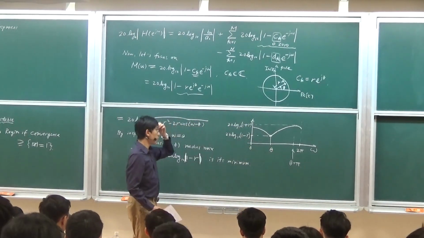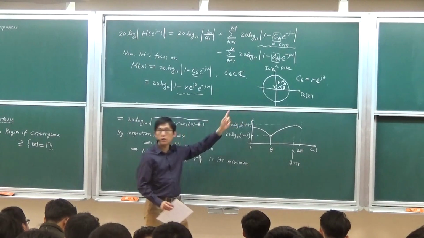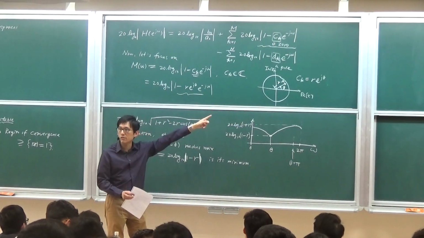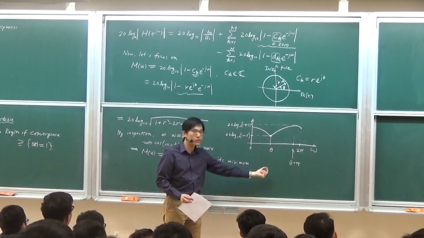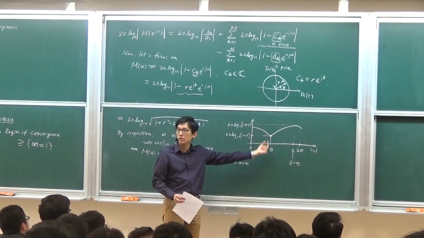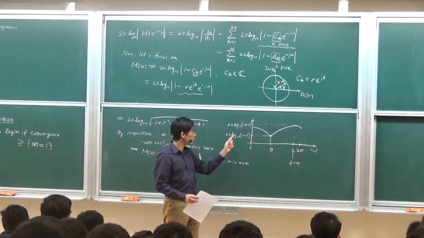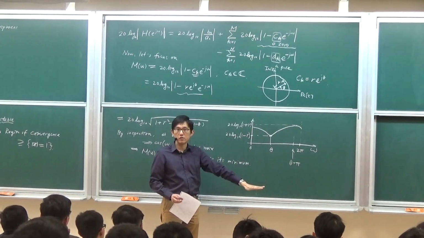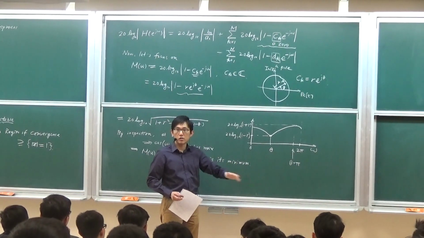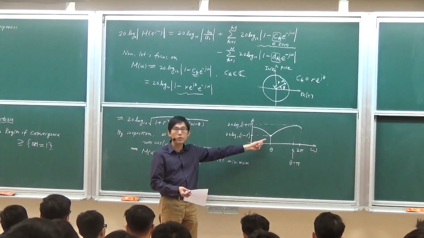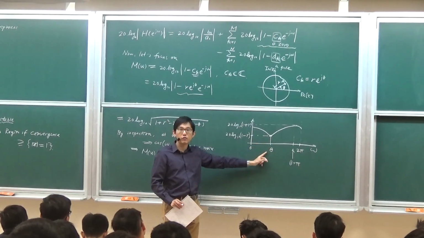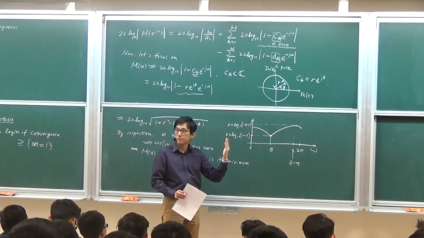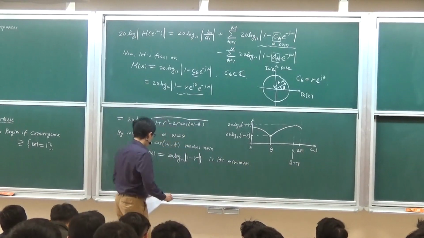Due to the presence of this zero, it pulls down the magnitude response near that angle. The magnitude response reaches a minimum, which means the gain is the lowest. If you deliver an input to this system, the output is smallest at exactly this frequency, due to the presence of that zero.